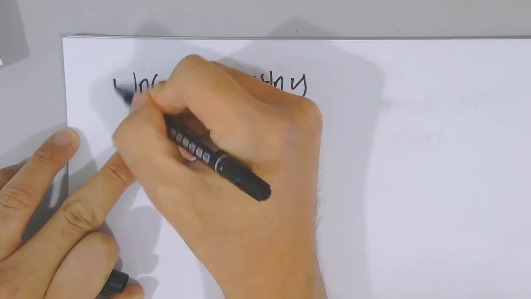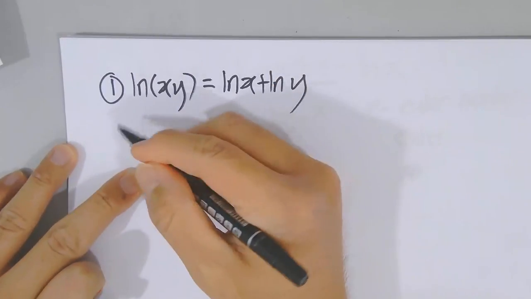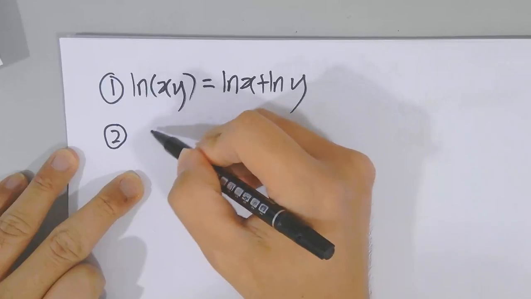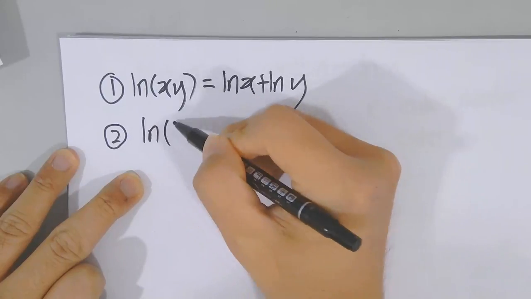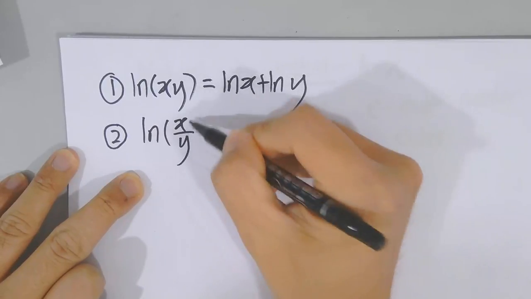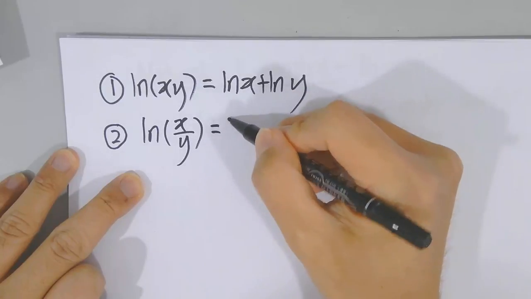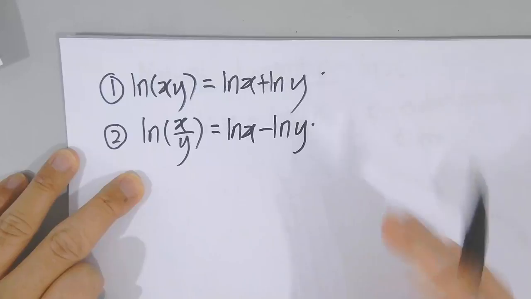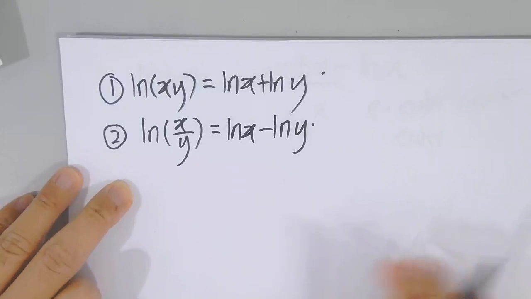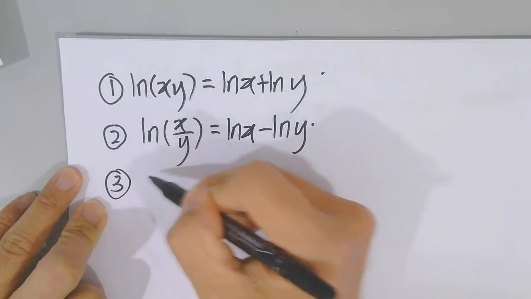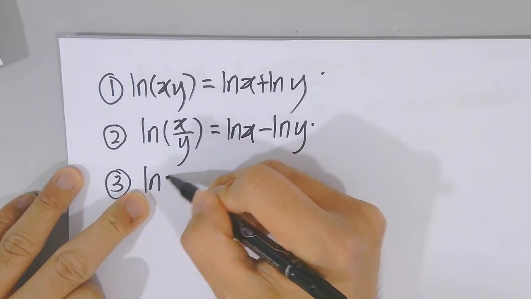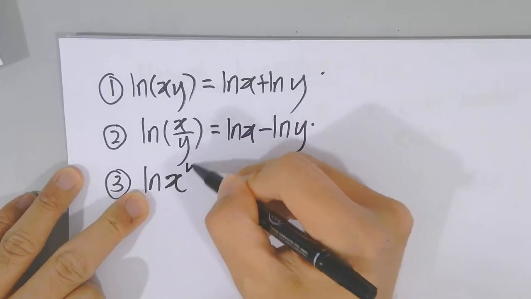Please take note of this. For the quotient rule, you have ln of x divided by y, which you can rewrite as ln x minus ln y. It's the same as a regular logarithm. So let's say you have log x to the power of y.